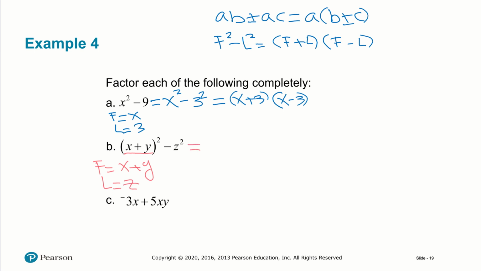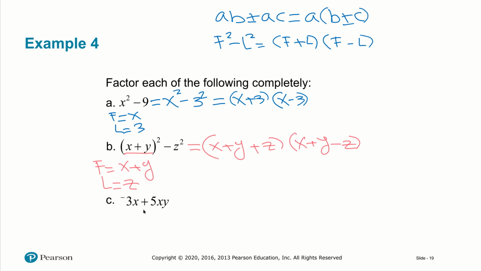So now you're going to get f plus L, so x plus y plus z, times f minus L, so x plus y minus z. And that's it. We just factored that. There's nothing else we can do because there are no common terms we can combine within those groups. So that's it. We're done.